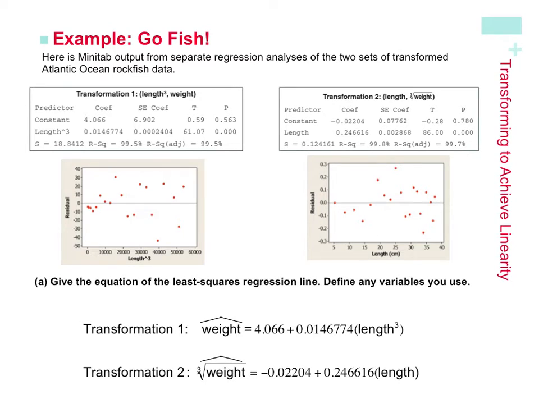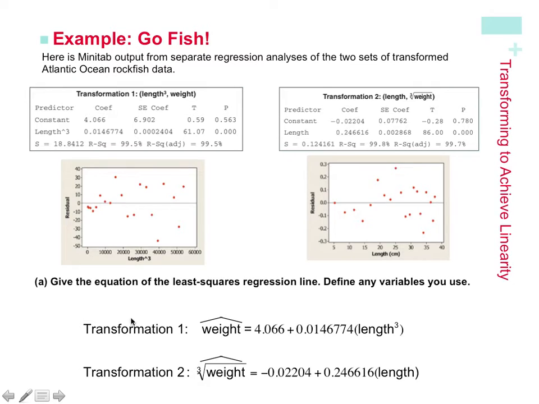So the first transformation that we did was we cubed the length, okay. So it's still the same thing that it's been. So the 4.066 is your y-intercept found in your output, okay? This slope is down here, okay? So plus slope times your x, but your x here is where we cubed it, okay?